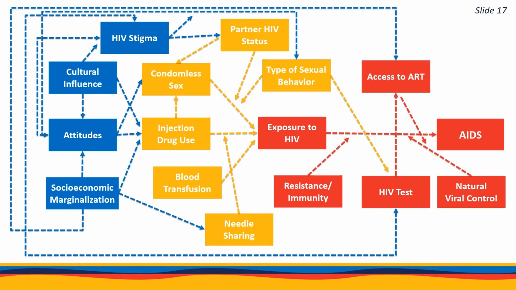But then there are also all these background factors way back there, like cultural influence and attitude, socioeconomic marginalization, and HIV stigma, that act as background or distal factors that contribute to and shape the epidemic itself. And then there are intermediate factors, what we sometimes call meso-level factors, that impact and give rise to some of those factors.